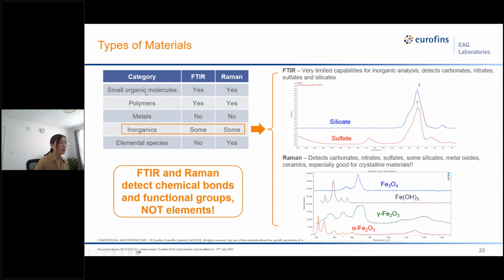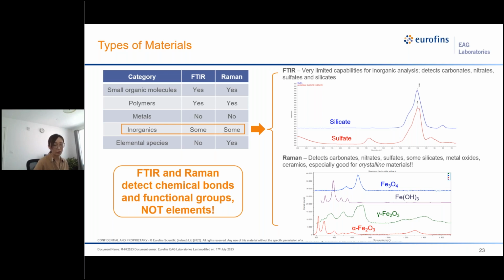Generally speaking, both FTIR and Raman are powerful tools to characterize small organic molecules as well as polymers. For metals, unfortunately, they cannot be detected by either technique because metals are not active in FTIR or Raman analysis.